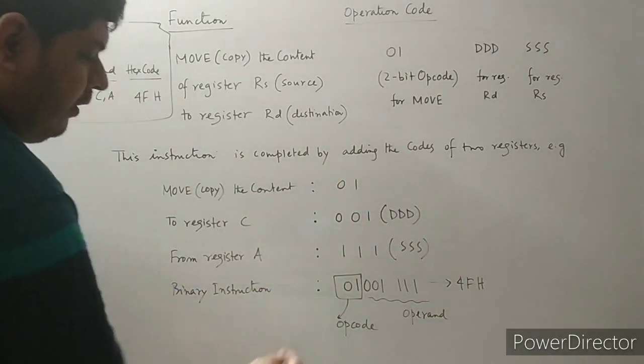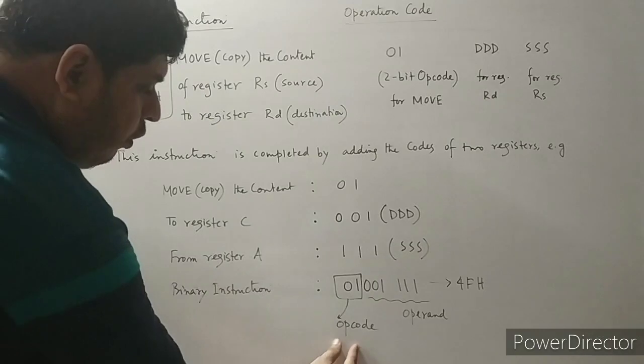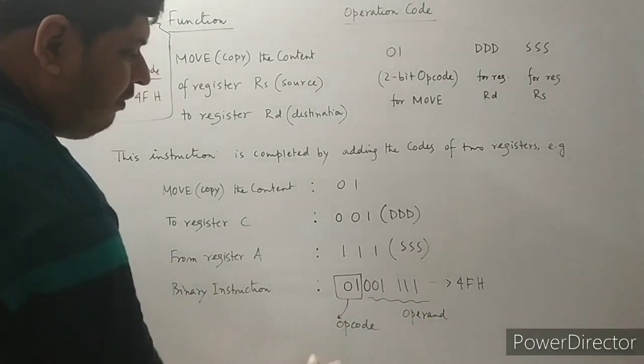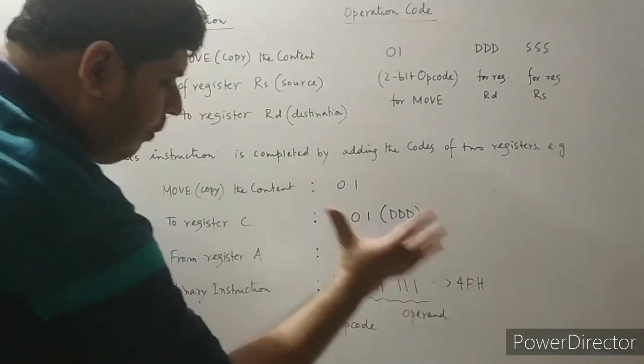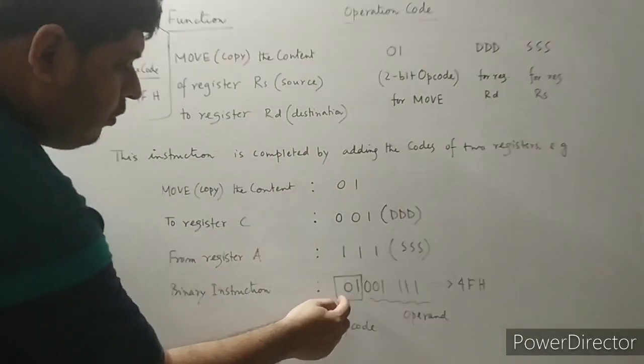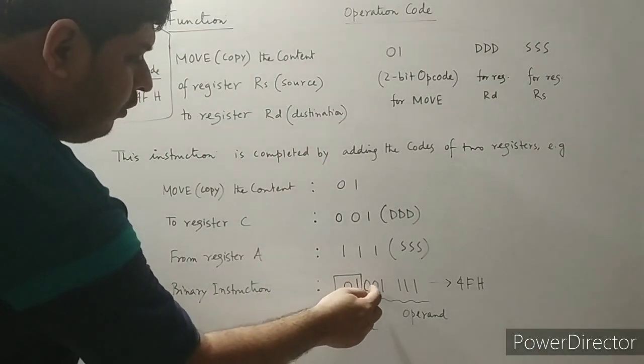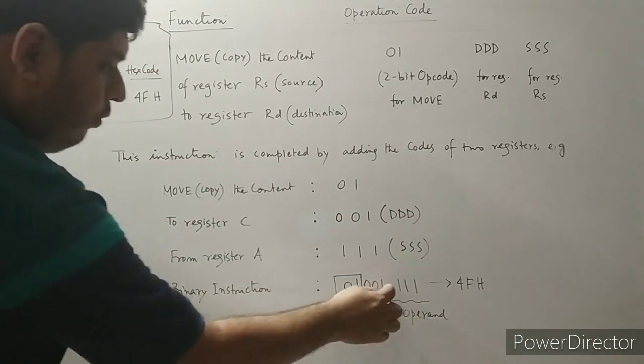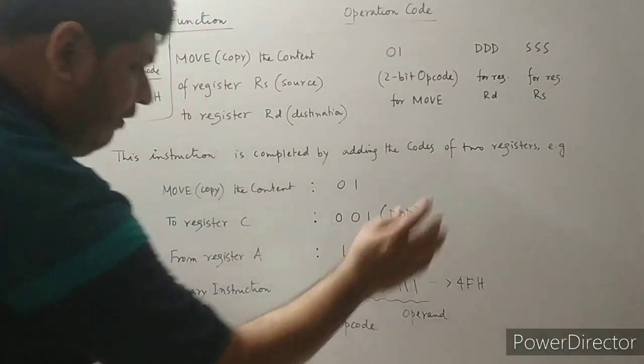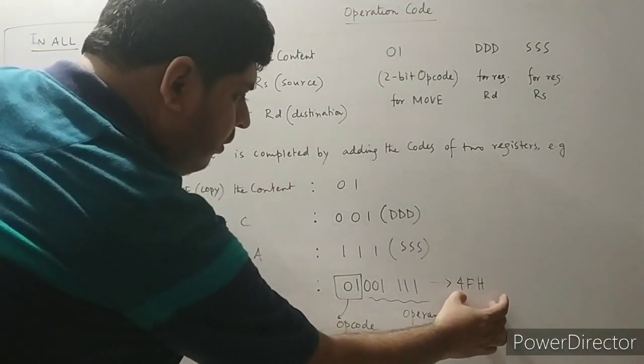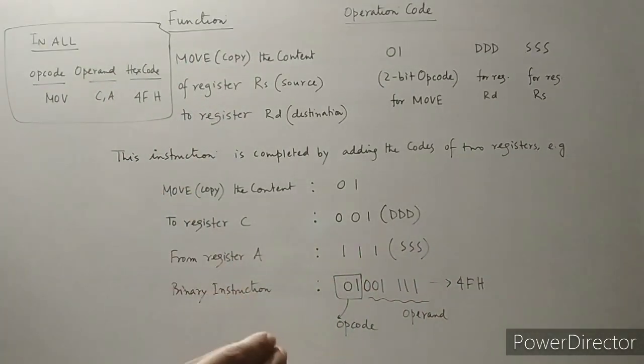The first 2 bits 01 are our opcode and the last 6 are our operand. So 0100 will be 4, 1111 will become F, so the corresponding hex code will become 4FH. So the instruction can be completed by adding the codes of two registers RD and RS.